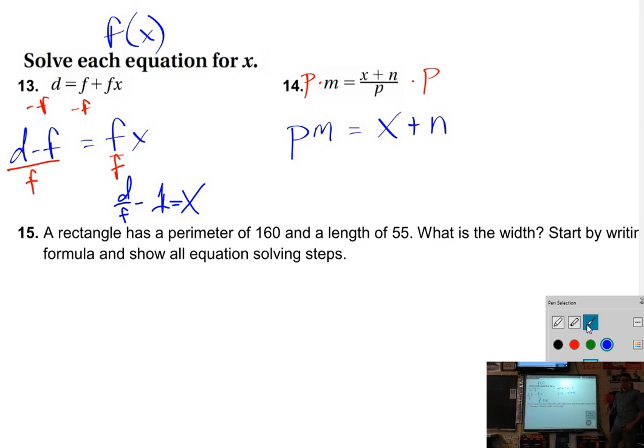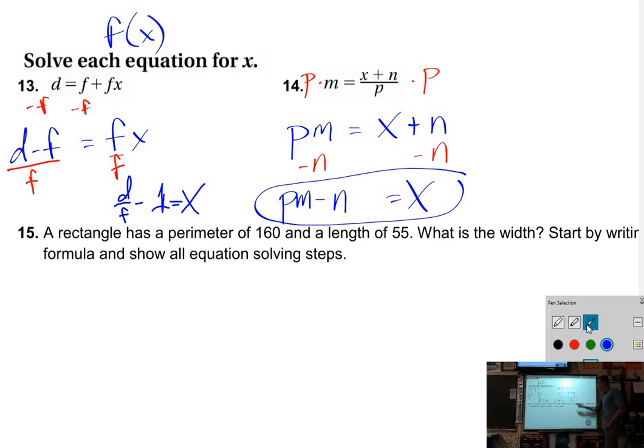Again, we're solving for x, isolating that value, so we need to get rid of anything else attached with the x, which is the n, through addition. So I subtract, and I then get x will equal pm minus n. To solve that x value, I would need those other 3 variables, p, m, and n, before I would be able to figure that out.